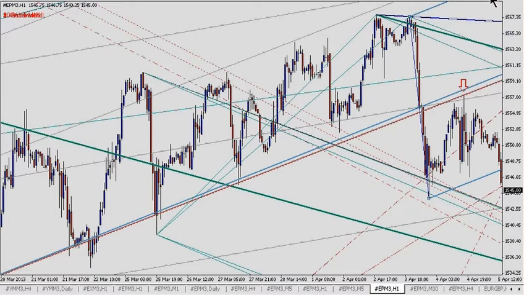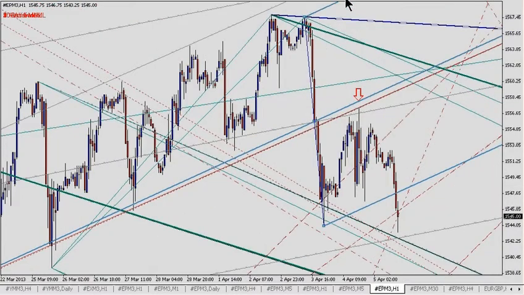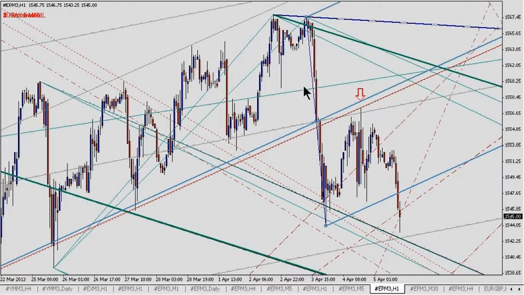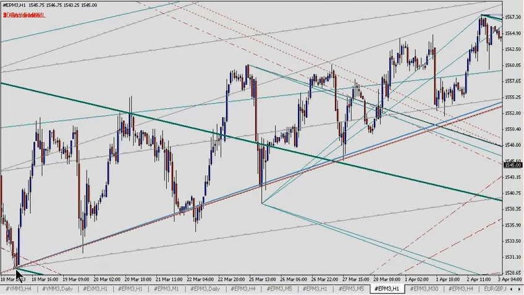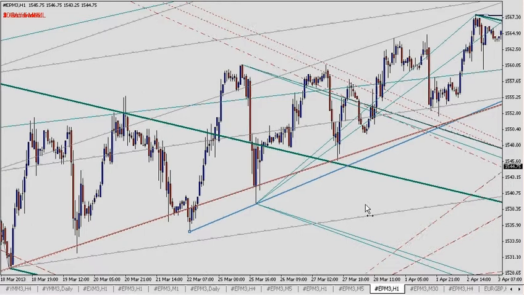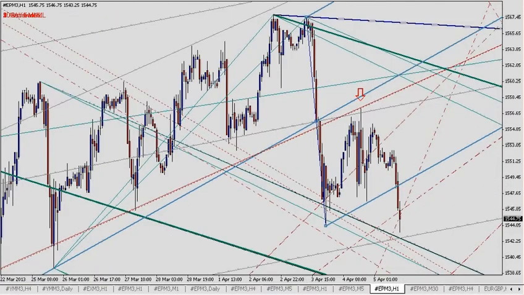So we are definitely moving into what I think is a downtrend, as we've seen since the sharp sell-off a few days ago. Let's leave it on this pivot because I just want to show you how price bounces here.